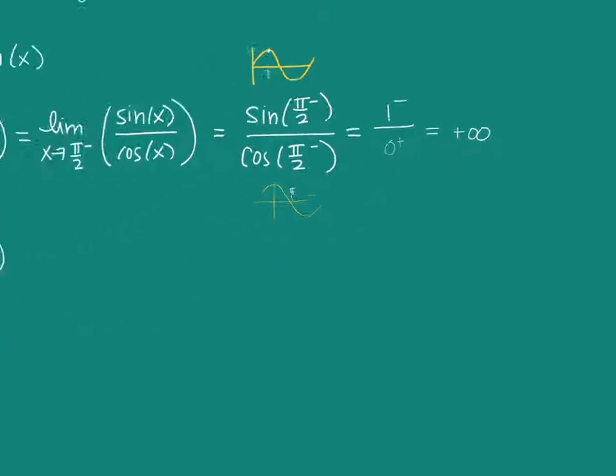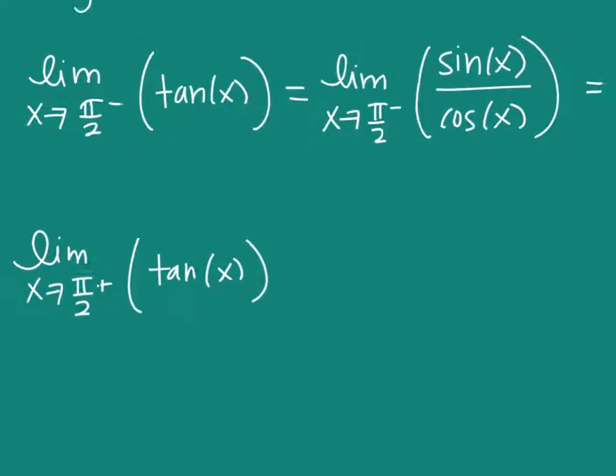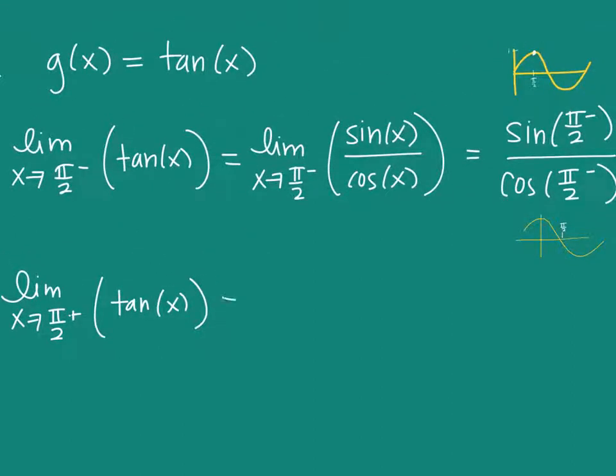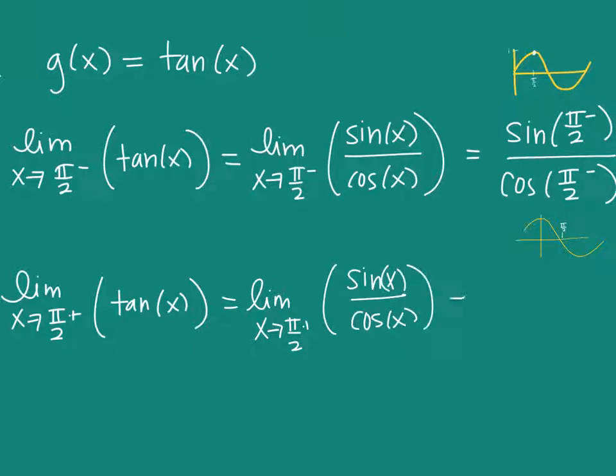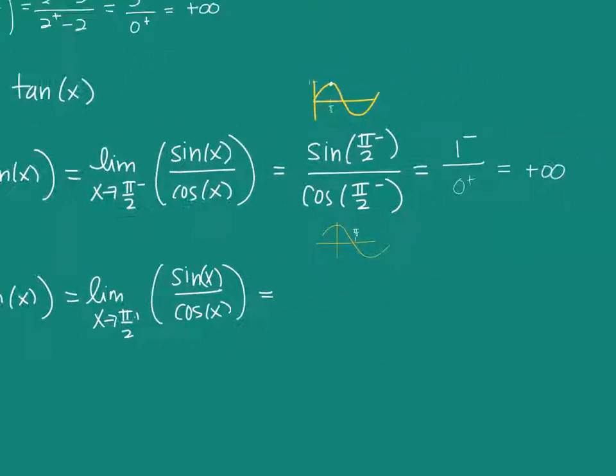In a similar way, we can do the same thing to the other one. So we would create ourselves a denominator, approaching pi halves from the right, and I'll be doing sine of x over cos of x. And so I'll want to know, well, what is sine of x when you're on the right side of pi halves, and what is cosine when you're on the right side of pi halves?